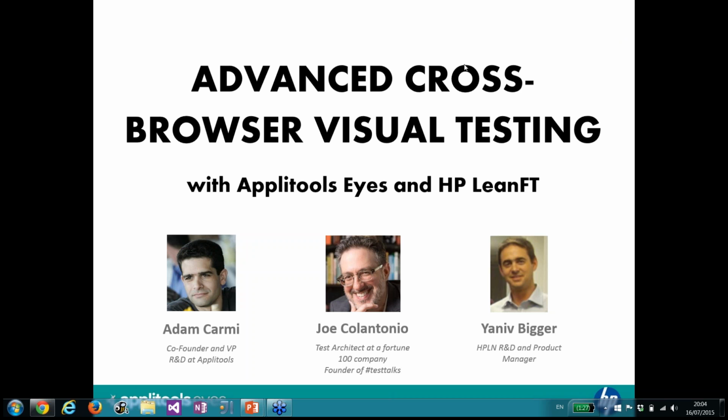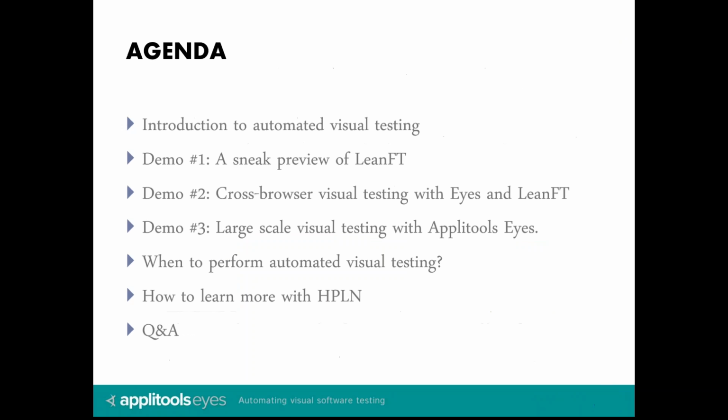Thank you, Adi. Hi, everyone, and thank you for joining us. We have a lot to cover today. In terms of the agenda, we'll start with an introduction to automated visual testing. We'll explain what visual testing is and why it should be automated. Next, Joe will give you a sneak preview of the much-awaited LeanFT, and we'll also show you how easy it is to implement a cross-browser visual test with Applitools Eyes and LeanFT.